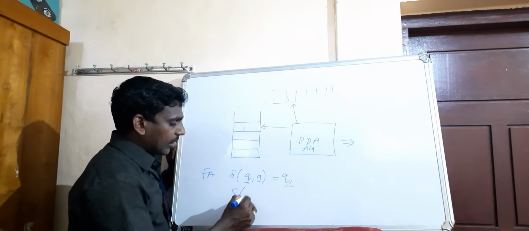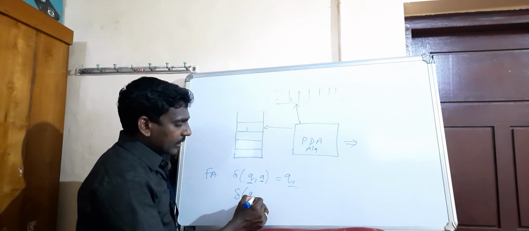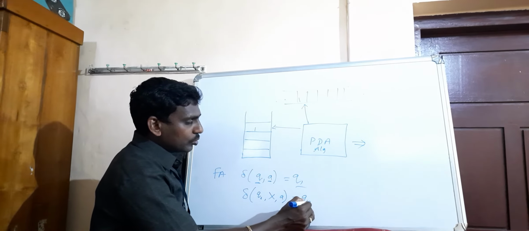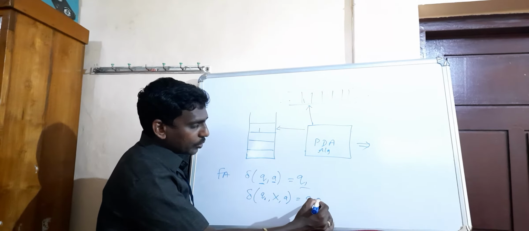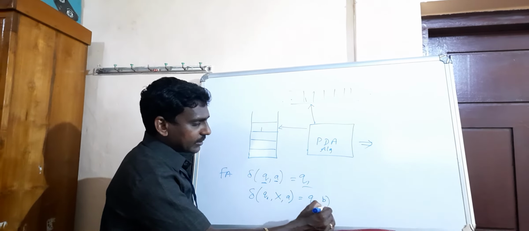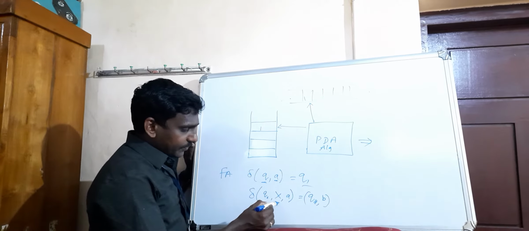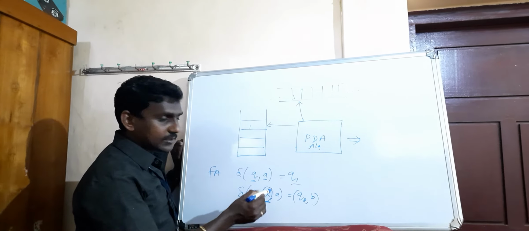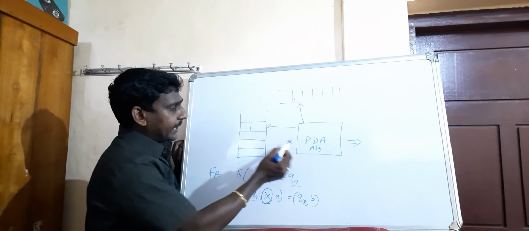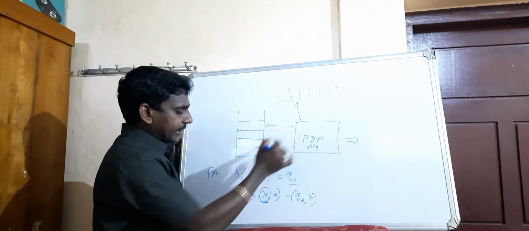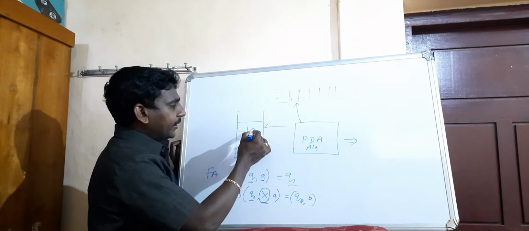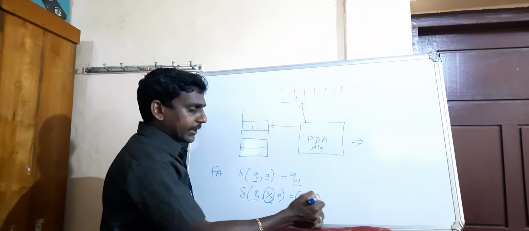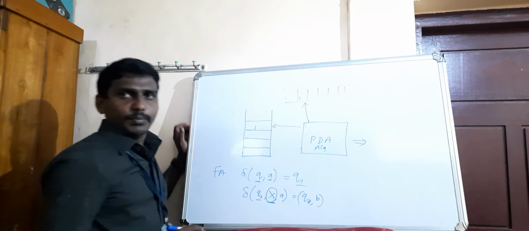For example, delta of q1 comma x comma a equal to q2 comma b or something. So the thing is, x is added compared with the finite automata. Q1 is a state. You read the current state, stack symbol and input symbol, and go to another state with one symbol.